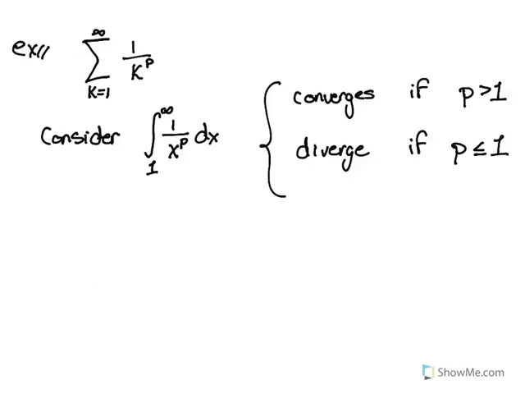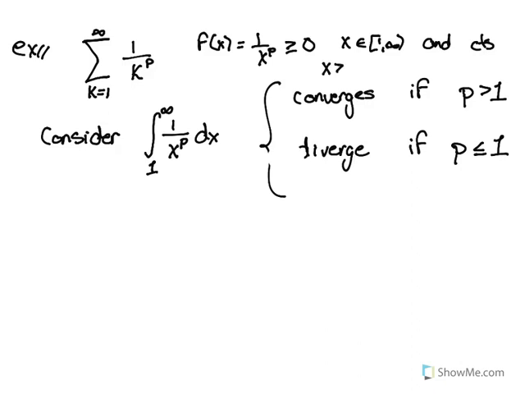Okay, and then similarly in this example, f of x is equal to 1 over x to the p, which again is continuous for x between 1 and infinity, and positive, and also it's decreasing, for the same reason as before.